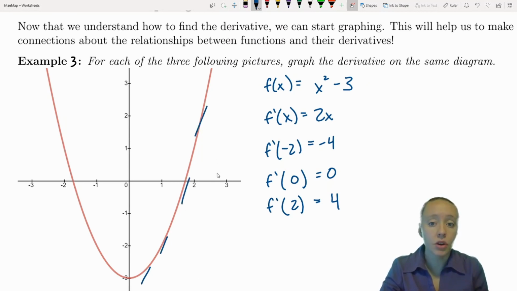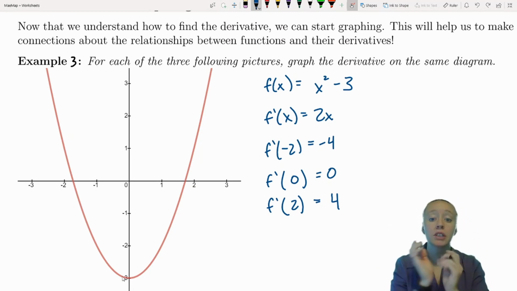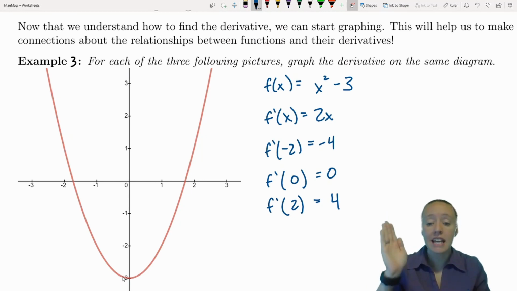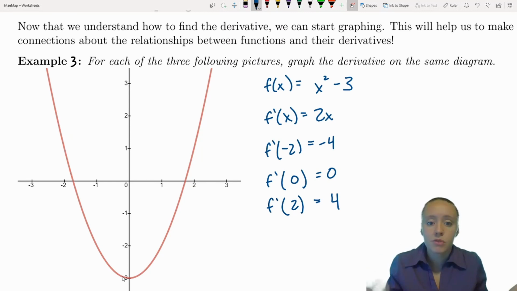A positive slope. So while our function is decreasing, we have a negative slope, and while our function is increasing, we have a positive slope. And at the point where we switch from a negative slope to a positive slope, as long as it's a smooth transition and not a corner or a cusp, our derivative at that point is going to be 0.